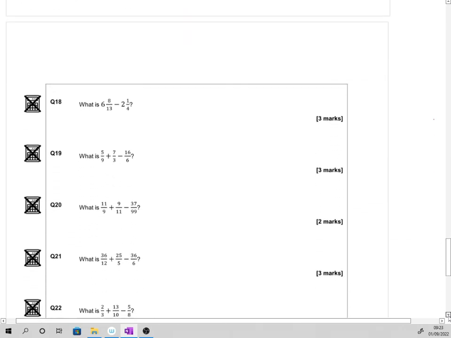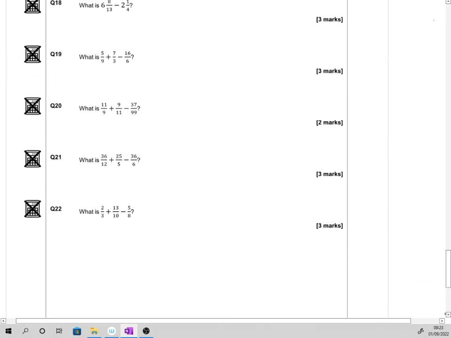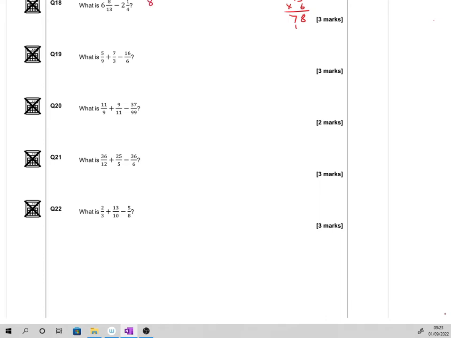And there's more. Whoa. Look at these, we're going to add and oh god. Right, let's change these into top heavies. 6 times 13. 3 sixes are 18, 6, 78, plus 8 is 86 over 13 minus 9 over 4.